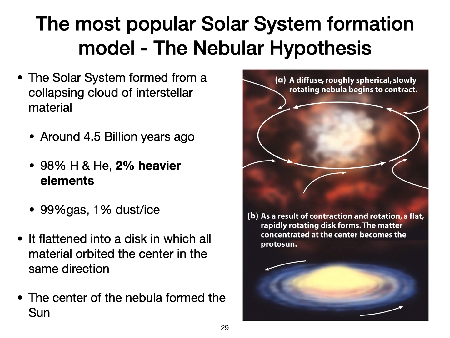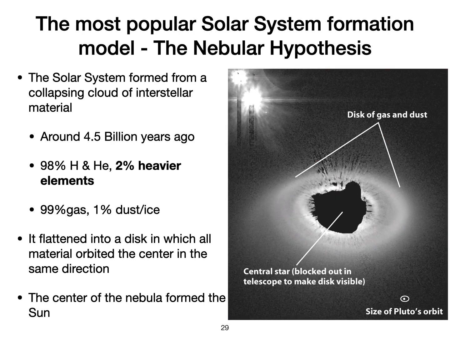The environment around planets also breaks up: once planets form and clear some of their orbit, the environment around them ends up looking like this, with a thick central bulge and a disk around it, which is how we think Jupiter, for example, looks now, like a mini solar system. So this process happens at many, many scales. And like I said, it happened about 4.5 billion years ago, by mass 98% hydrogen and helium, 2% everything else. And the sun was formed by gravitational contraction of the center.